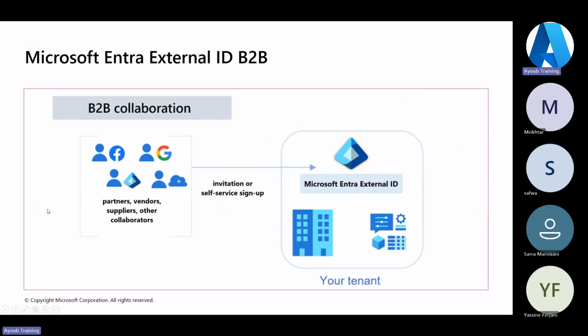Also, you have another method to authenticate. It's B2B, business to business. So imagine we have an Azure subscription or tenant, and I have some applications, but I need to collaborate with another company. With Microsoft Entra, I can give access to some applications in my subscription, for example to partners, vendors, or other collaborators.